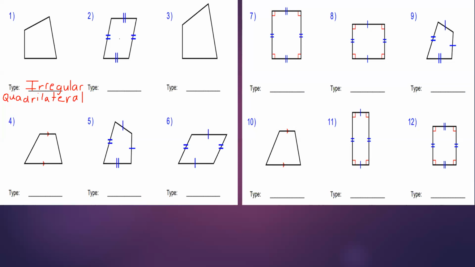So this can't be a parallelogram. Anyone else want to try for number 2? A square? It can't be a rectangle. This is actually a rhombus. Why do we know it's a rhombus? Because all sides are equal in length.